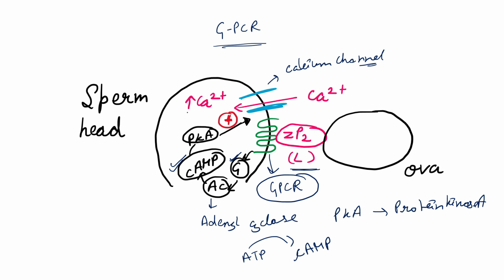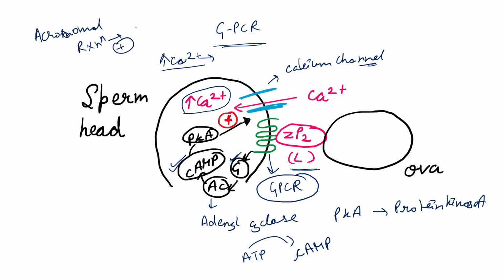This calcium channel will allow the calcium ions to come inside. As the calcium ion is coming inside from outside, its concentration is increasing. This will lead to the acrosomal reaction, and the acrosomal reaction finally activates the sperm to penetrate into the egg.